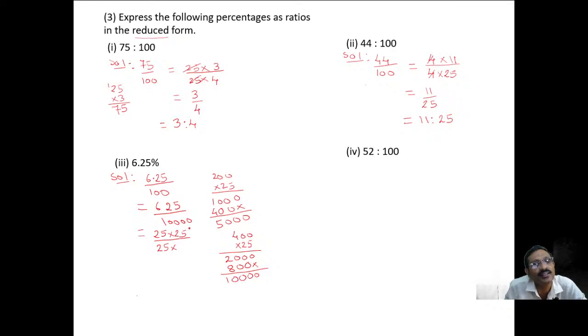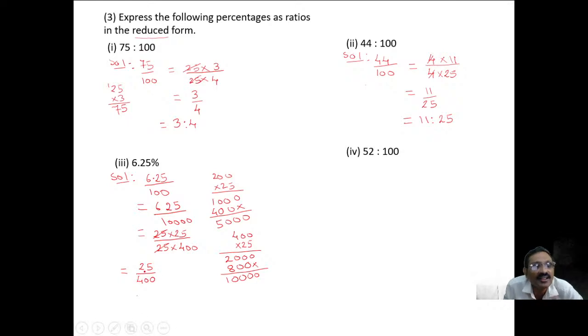Am I getting this? That means if I multiply this number by 400, I will get 10,000. Now this will be equal to 25 ones are 25, so I get 25 upon 400.